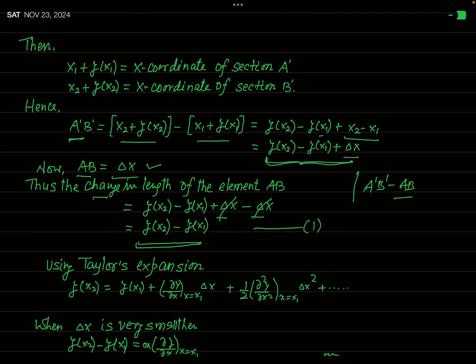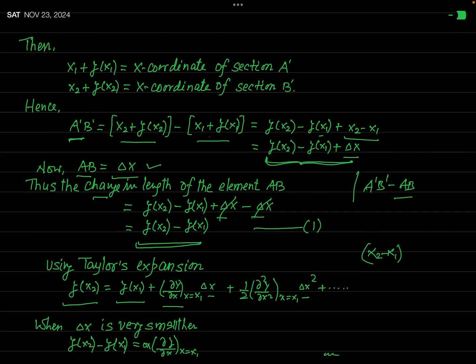In accordance with Taylor expansion, y of x2 is given as y of x1 plus del y by del x at x equal to x1 times x2 minus x1, but instead of x2 minus x1, I have written delta x, and then plus one over two, del 2y by del x square at x equal to x1 times x2 minus x1 whole square. For that I have written delta x square, and the higher order terms.